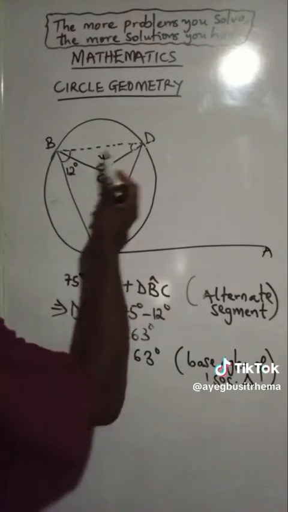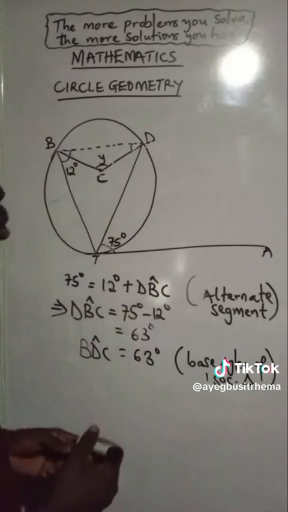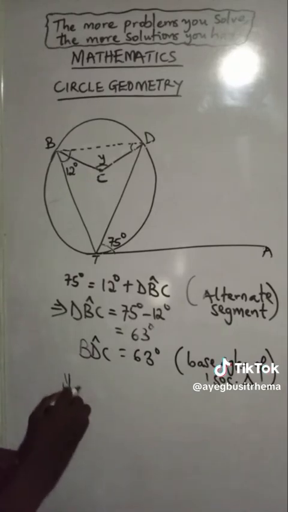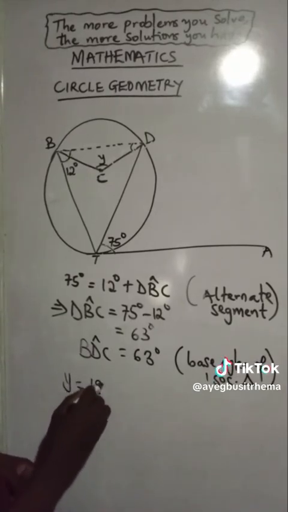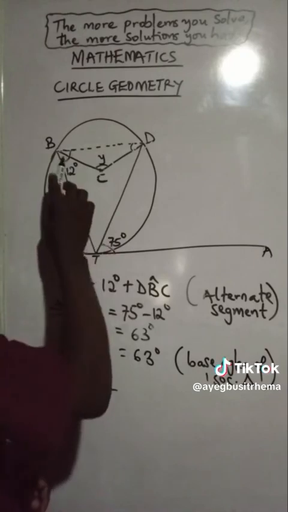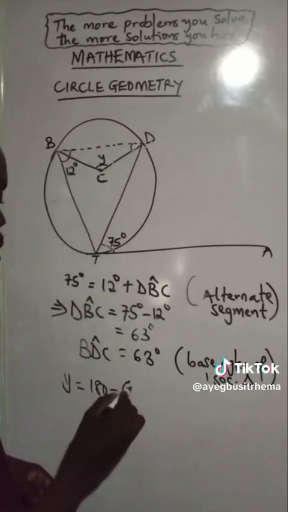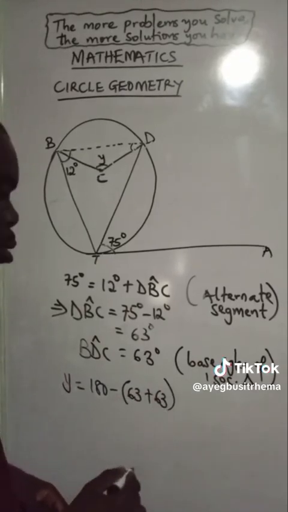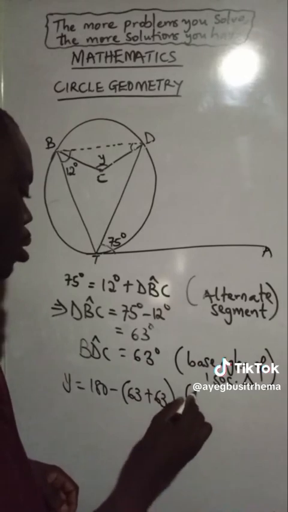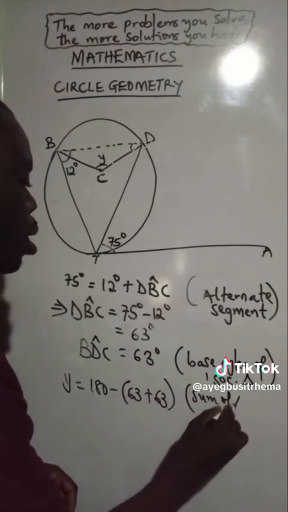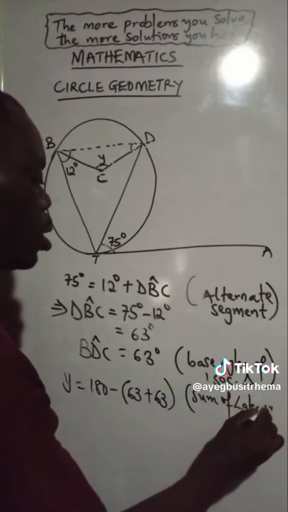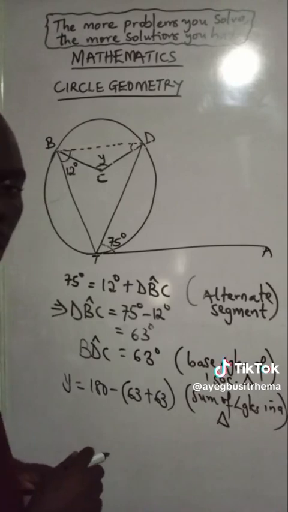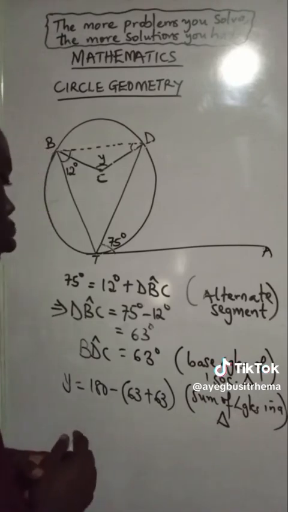Now that we know our base angle, finding angle y is easier. All we need to do is y equals 180, we subtract the addition of these angles, 63 plus 63, from 180. Alright? And what is the reason for that? Sum of angles in a triangle.